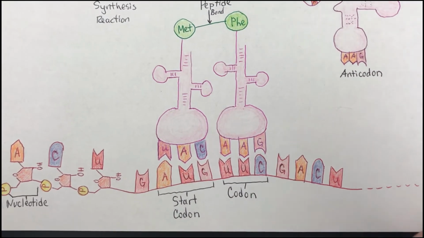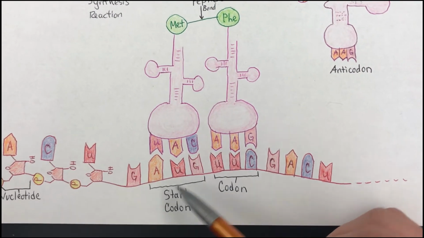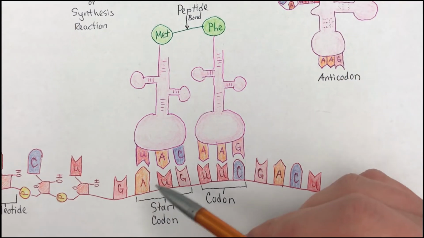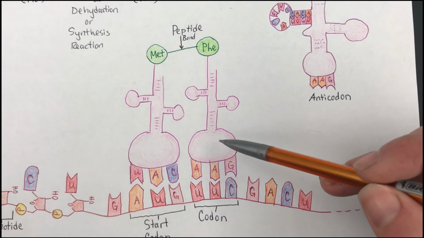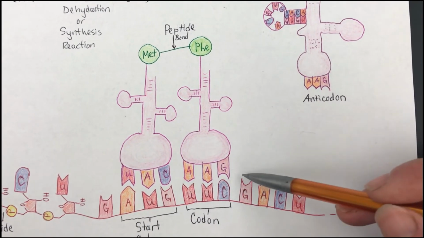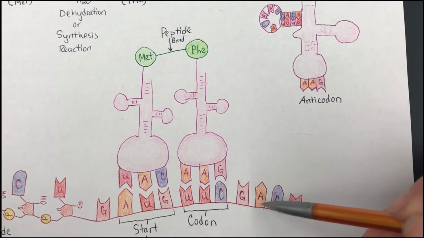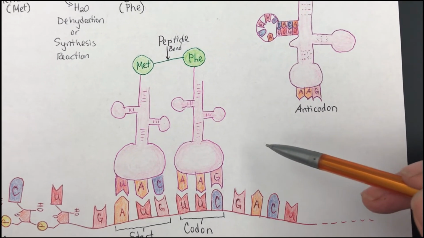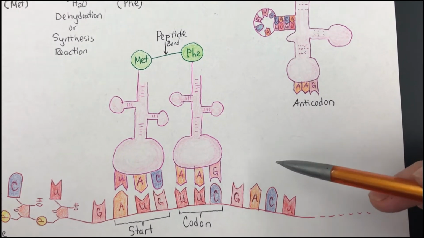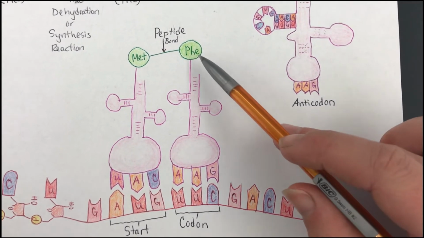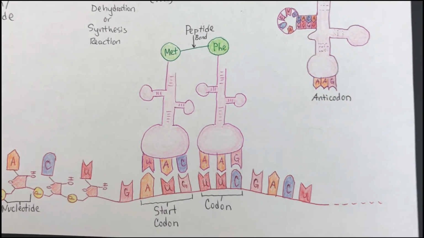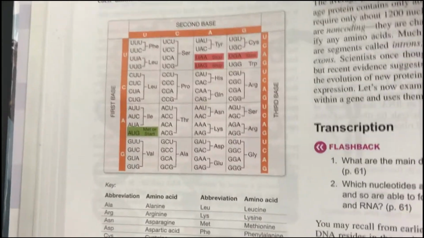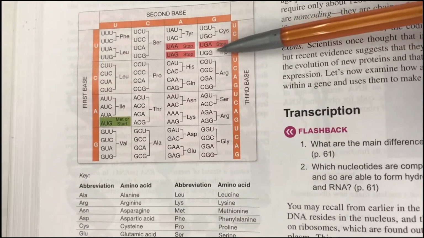Of course, this is not the end of the story. It's far from the end of the story. The entire ribosome is going to keep sliding down this mRNA, bringing tRNA molecules complementary to the next mRNA codons and bringing the appropriate ingredient along, so the appropriate amino acid. Now, how do we know which amino acid to bring? Well, in many textbooks, there are charts, such as this chart right here.